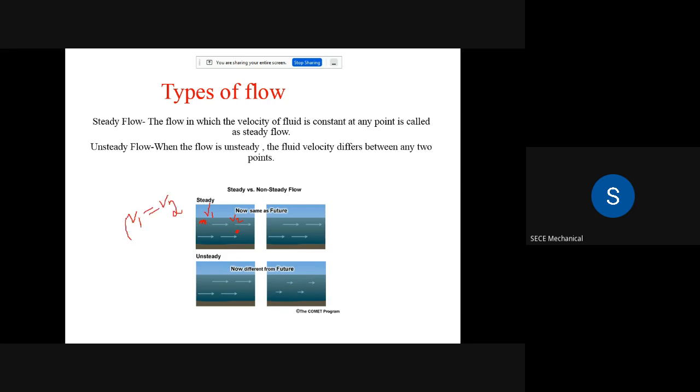So this kind of constant velocity at each point is called a steady flow. It's very important. In an unsteady flow, the velocity will be different at each individual point, right?